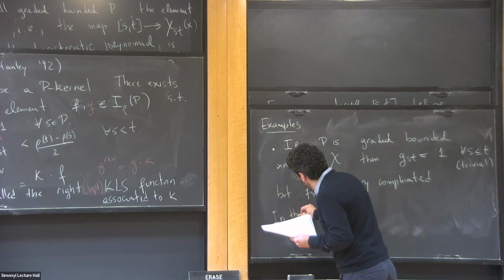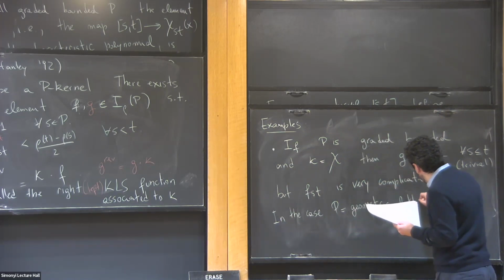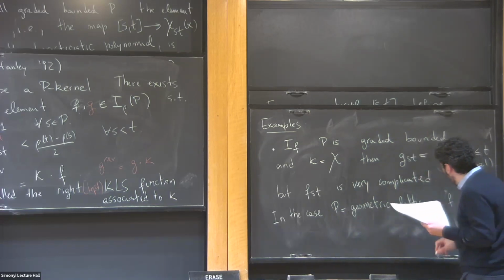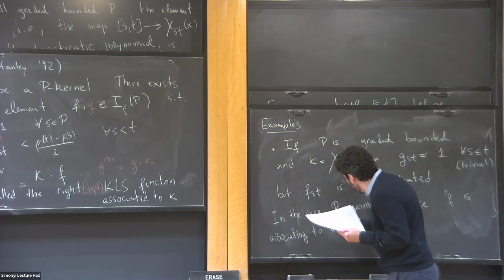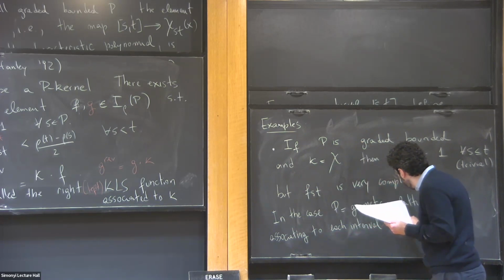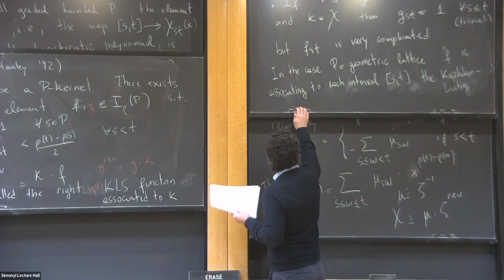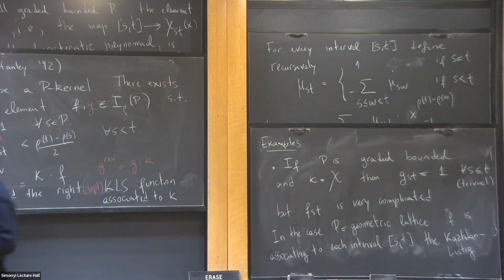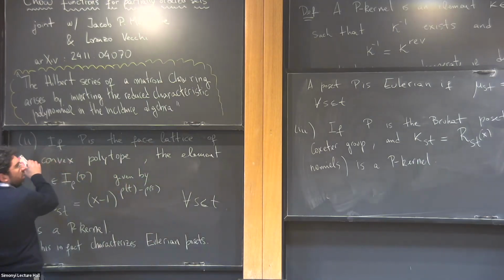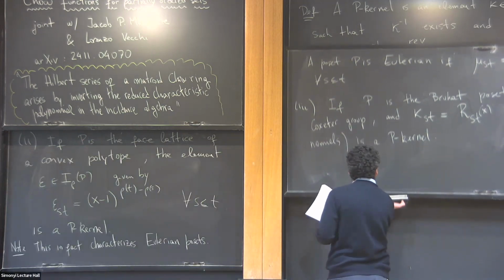In the case P equals a geometric lattice, f is associating to each interval ST the Kazhdan Lusztig polynomial.